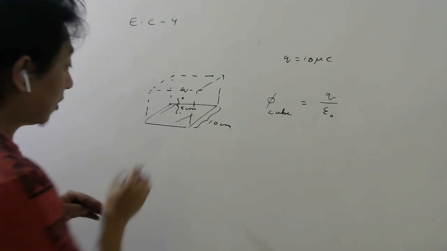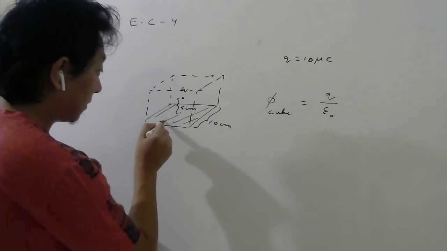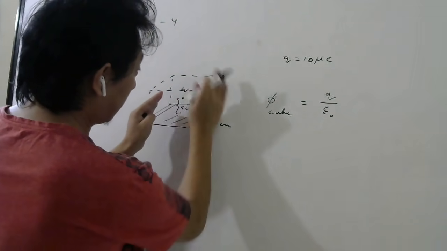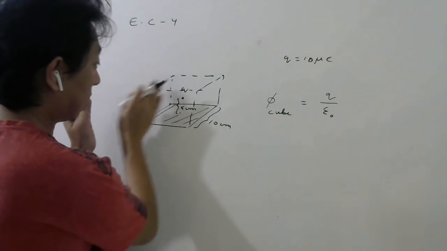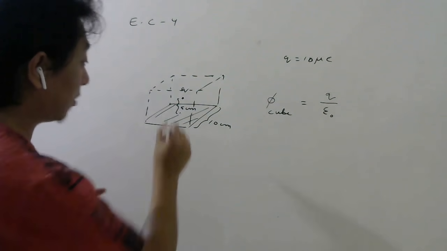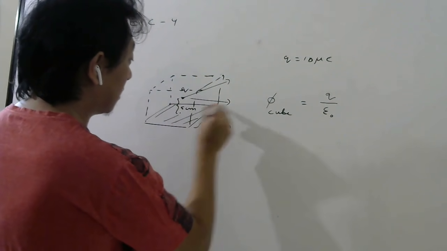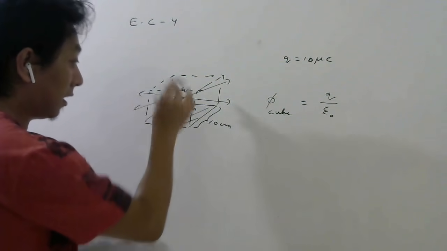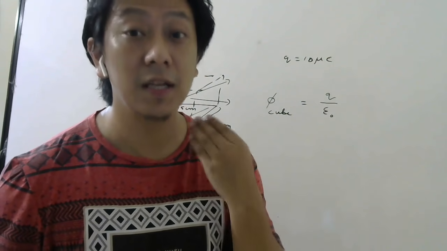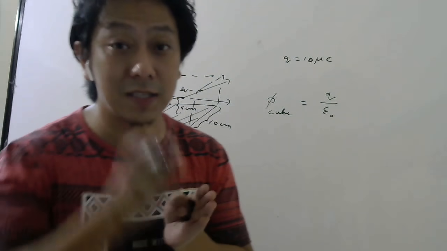But we want flux only through this surface. Now you know that charge is at the middle, so flux through this surface will be the same as all the 6 surfaces because the charge is in the middle. As many lines will cut this surface, that many lines will cut every other surface also. And total how many surfaces are there? 6 surfaces, or I can say 6 faces.